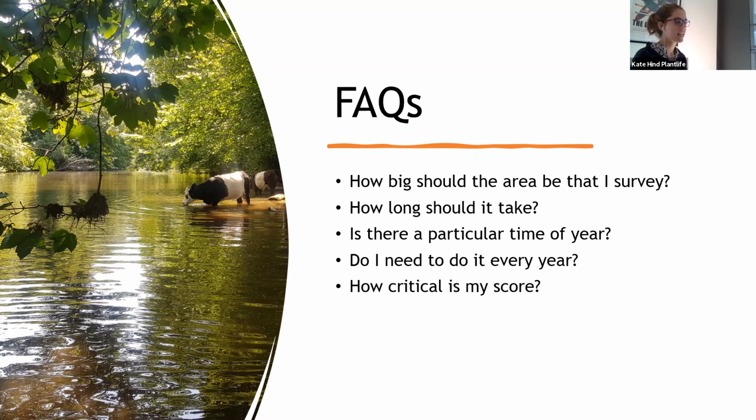How long it takes seems to be averaging between 1 and 2 hours from the people who've completed the survey. You can do the survey all year round, hence why we've got some winter twig resources to help you. There isn't a particular time of year. It's just in the winter, you may have to imagine the gaps that the canopy would have if the leaves aren't present.